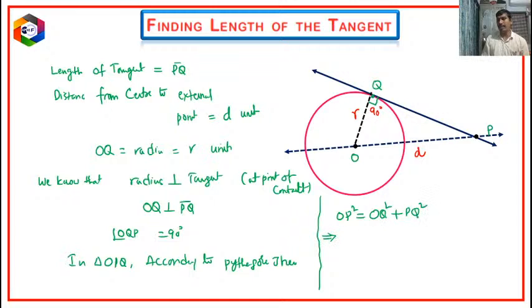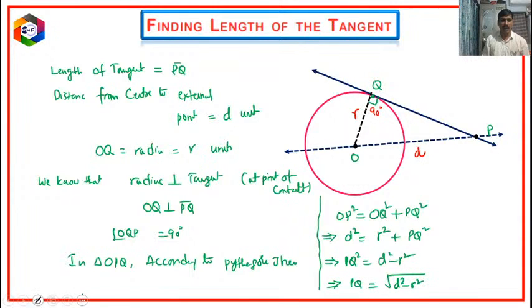Hypotenuse square is equal to side square plus side square. So OP is hypotenuse, which is equal to d square, is equal to OQ, r square, plus PQ, which is to be calculated. Now from this I am going to calculate PQ square. Now let us transfer plus r square to this side, that means d square minus r square, implies that PQ, the length of the tangent, will be equal to square root of d square minus r square.